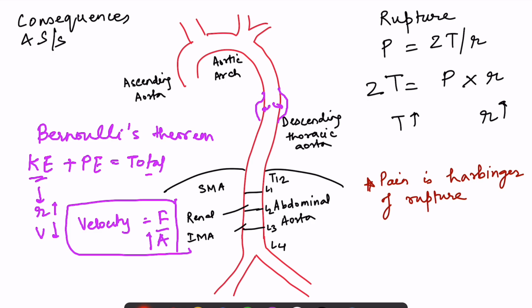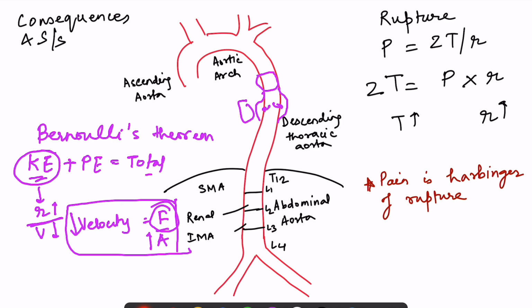When there is increase in radius, area is going to increase. So if area increases, velocity is going to decrease because flow is going to be constant. The amount of blood which is passing a particular area is going to be constant. So when area increases, velocity decreases. Fine. So kinetic energy is going to decrease.